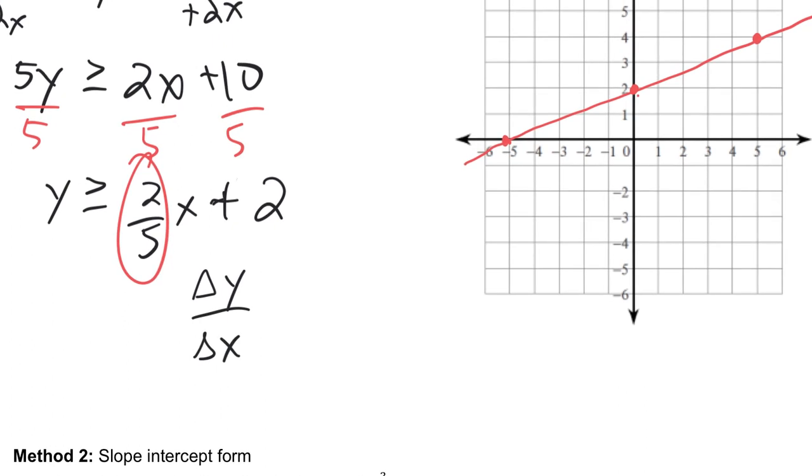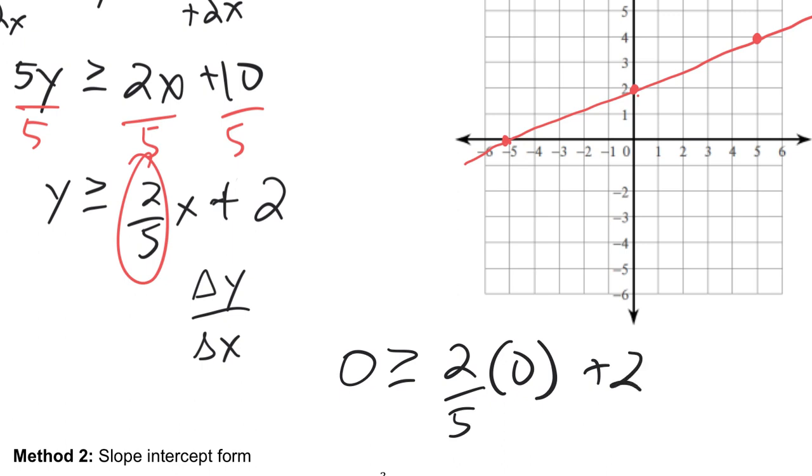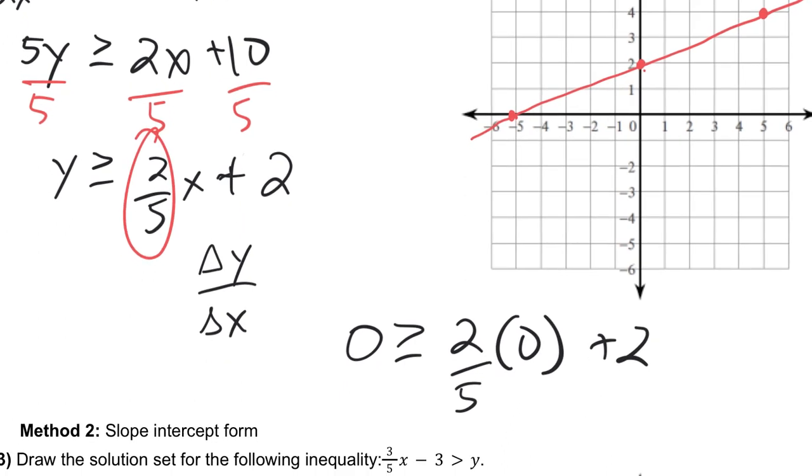So I've got 0 is greater than or equal to 2/5 times 0 plus 2. So then I have 0 greater than or equal to 0 plus 2, 0 greater than or equal to 2.